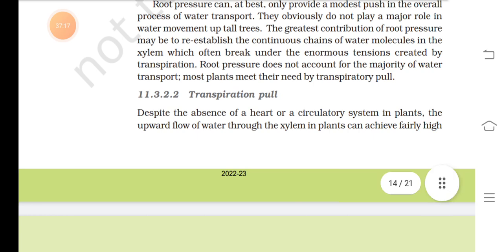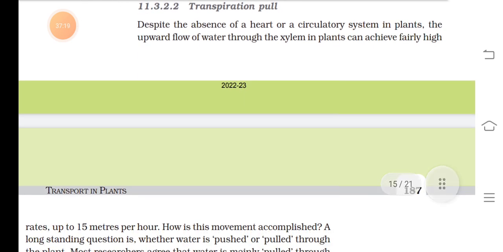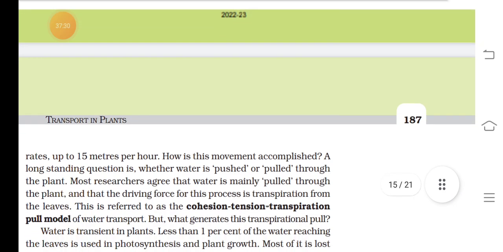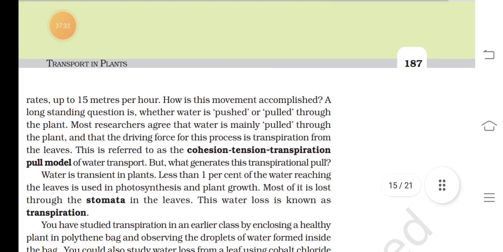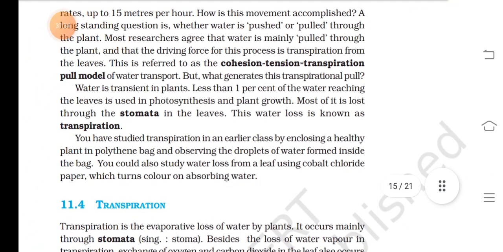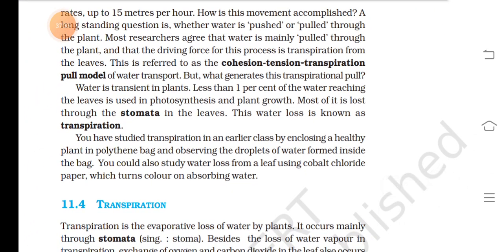11.3.2.2 Transpiration pull. Despite the absence of a heart or a circulatory system in a plant, the upward flow of water through the xylem in plants can achieve fairly high rates, up to 50 meters per hour. How is this movement accomplished?